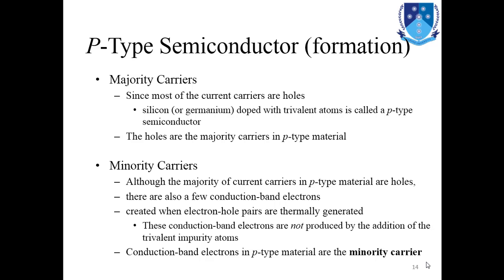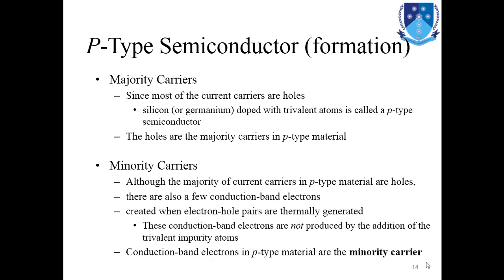We said that in n-type material the holes are minority charge carriers, but those holes were not generated due to the addition of impurity atoms; they were generated due to thermal energy.